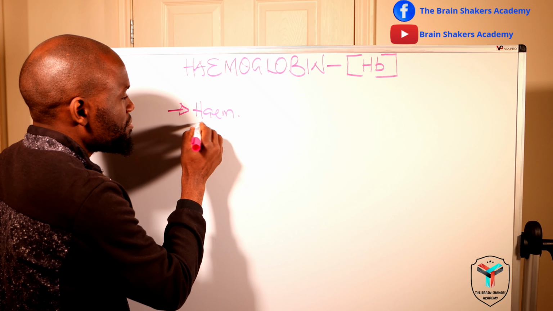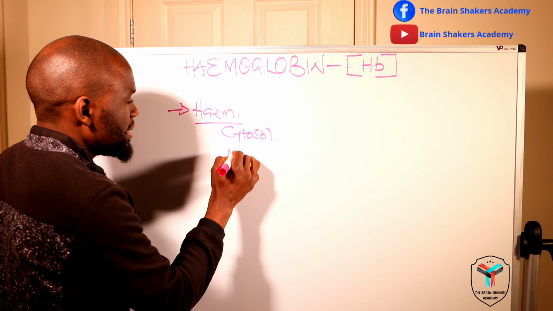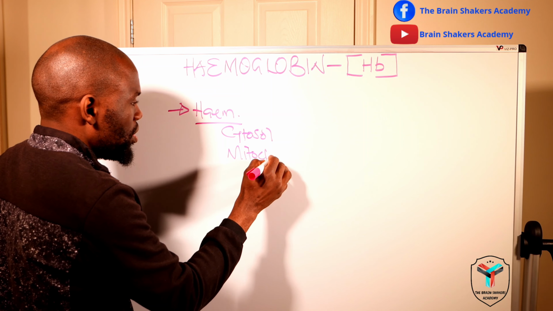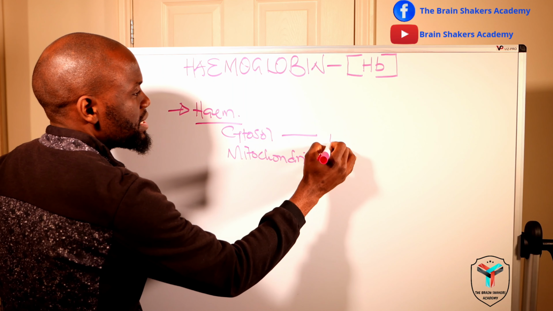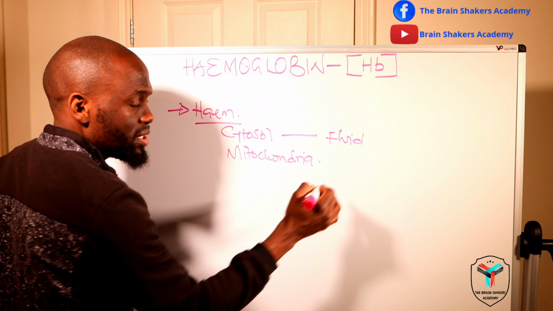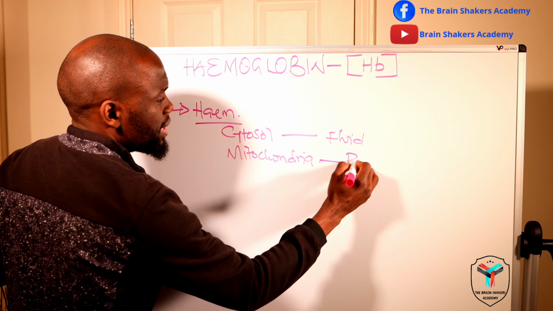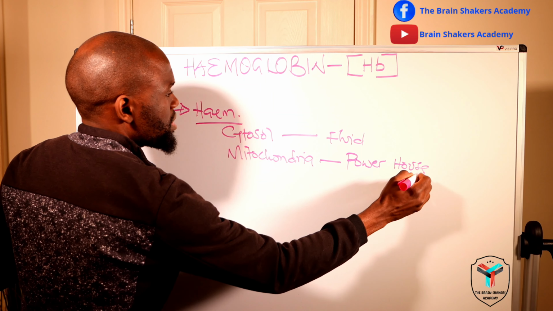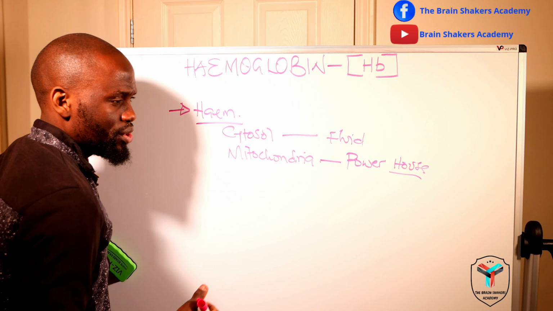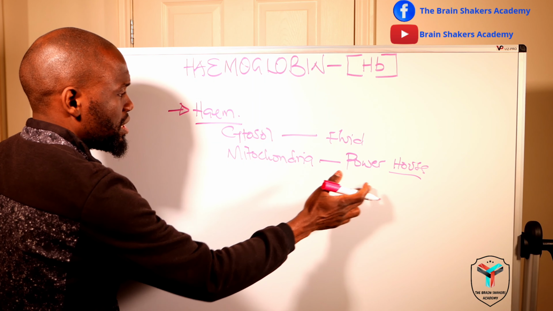The heme is formed in the cytosol and in the mitochondria of the red blood cells. The cytosol is just the fluid compartment of the red blood cell itself, and the mitochondria is what you often refer to as the powerhouse. That's where most of your adenosine triphosphate, or the energy, is being generated from.